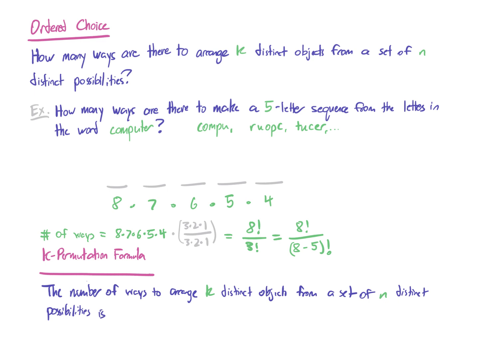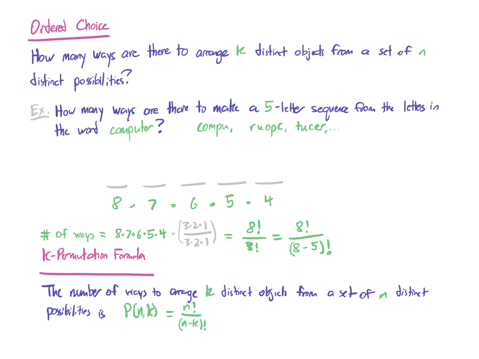and so we often have a notation for this. So we often call this P of n and k. So P of n and k just literally means the number of ways to arrange k distinct objects from a set of n possibilities. It's the number of k permutations on n objects. And the way we calculate P of n and k, it's n factorial divided by n minus k factorial.